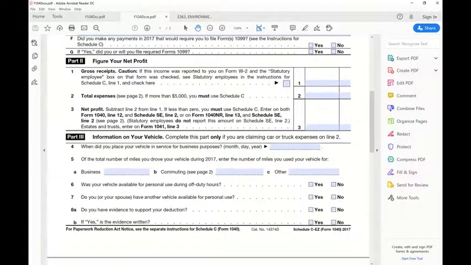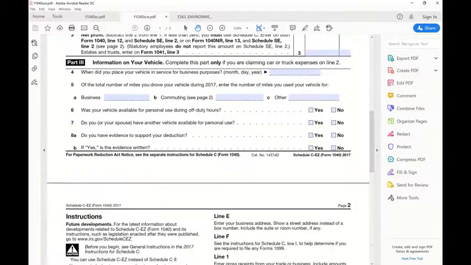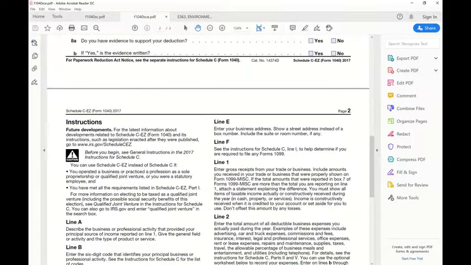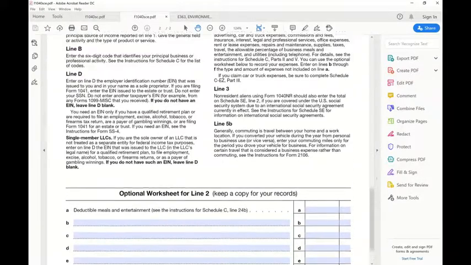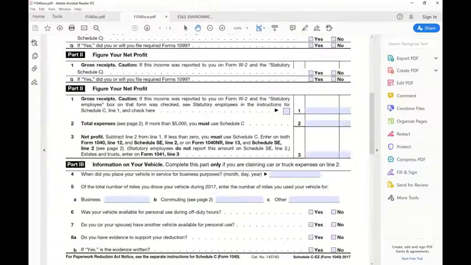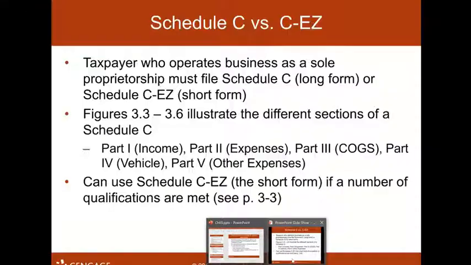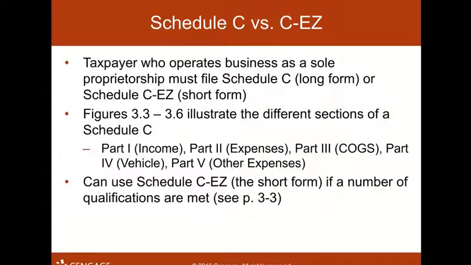And then we have part 3, which is the same, about information on your vehicle. This is the same as Schedule C. Okay, and the instructions here are to fill in this form. So these are mainly the two main forms, Schedule C versus Schedule C-EZ.